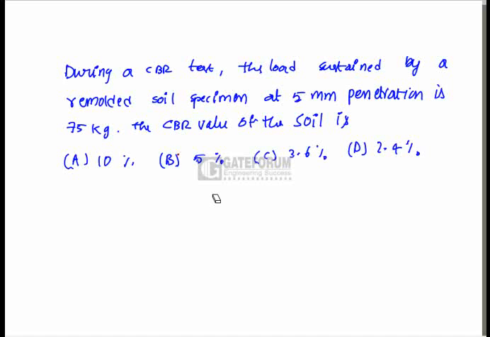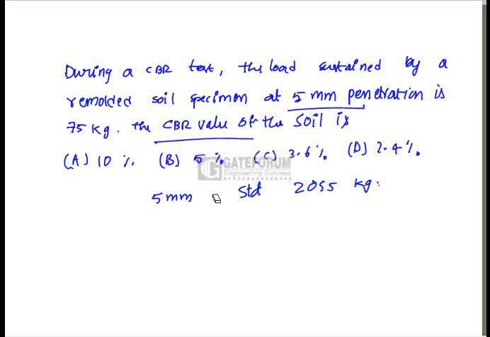Here we have to find out the CBR value of the soil at 5 mm penetration. Initially we have to know in CBR test for 5 mm penetration standard load is equal to 2055 kgs. So the CBR value at 5 mm is equal to 75 kgs by 2055 into 100, that is equal to 3.6%.